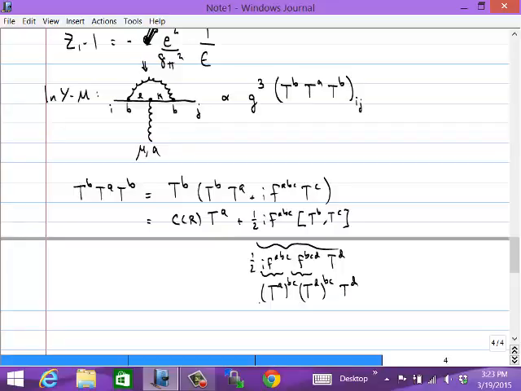So what is this? This is in the adjoint representation. So what is that? That's the trace of TA in the adjoint representation, otherwise known as T of A times the identity matrix in the adjoint representation, delta AD times TD.